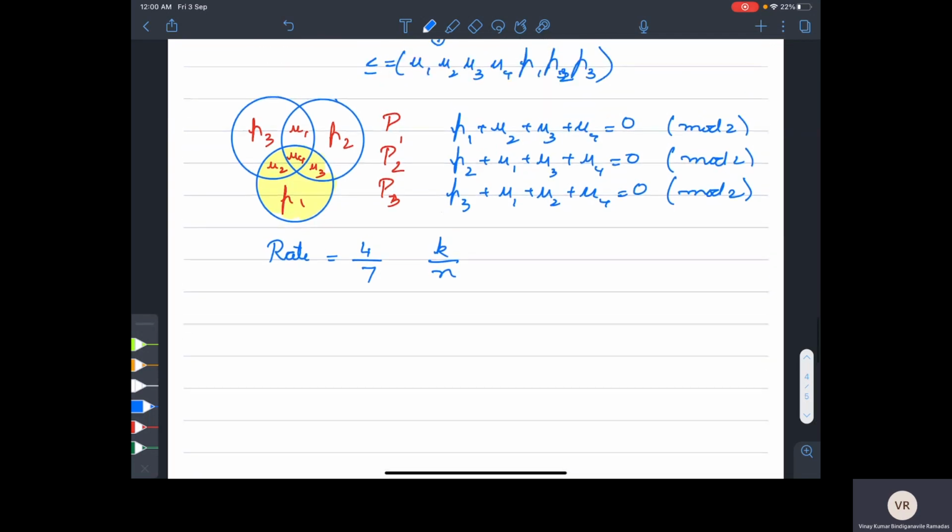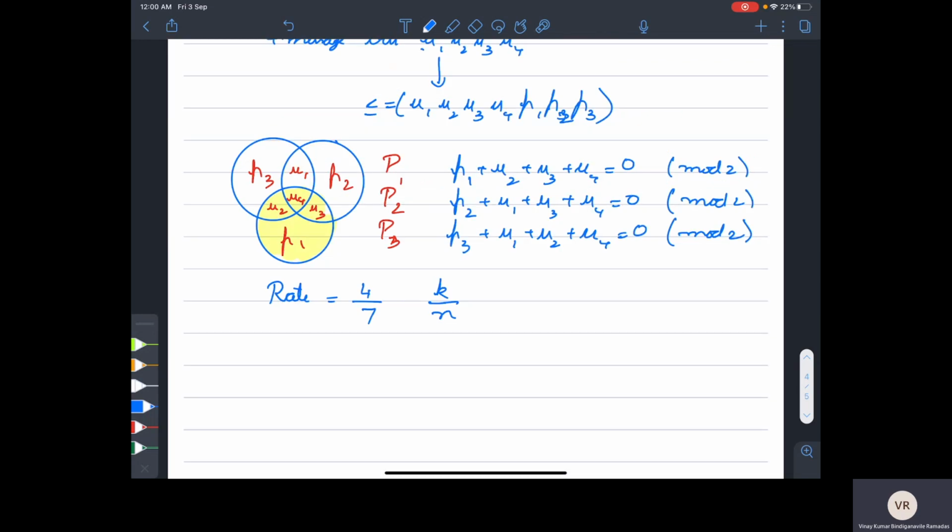Let's suppose at the receiver you receive y, given by this vector of 7 bits.